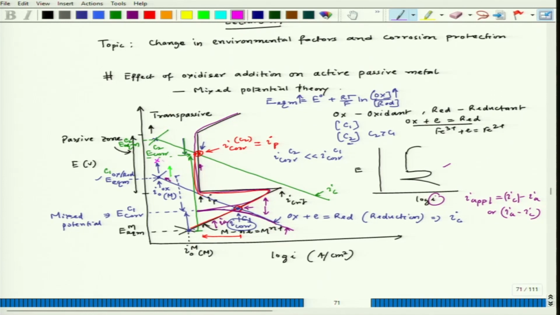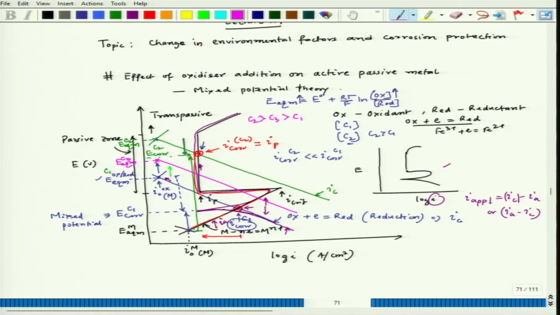So, that time if I draw that line, this line is corresponding to cathodic polarization and this is corresponding to E equilibrium, let us say concentration is C prime or C3, and C3 is more than C1, but it is less than C2. Okay.